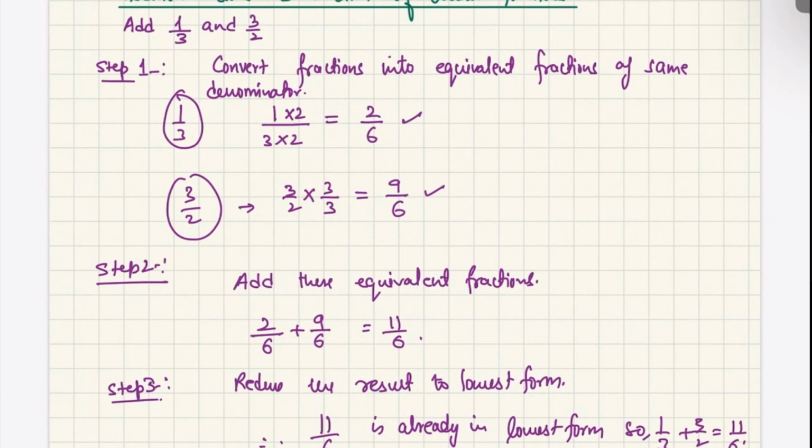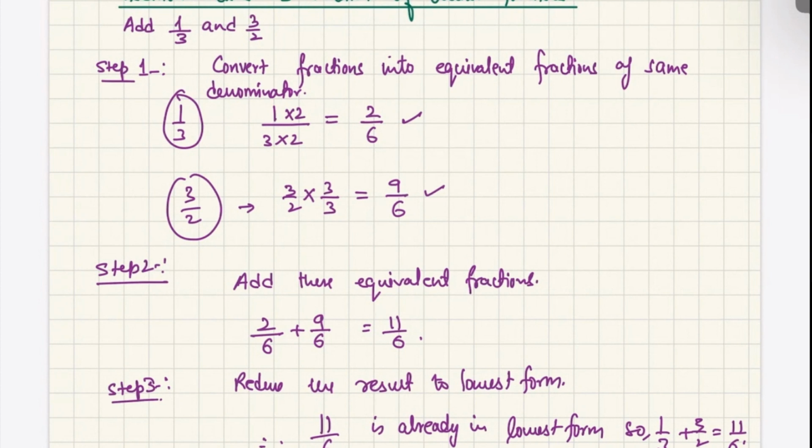After doing this, step number 2 would be add these equivalent fractions. So add 2 by 6 and 9 by 6. This becomes 11 by 6. Step number 3 is reduce the resultant fraction into its lowest form. Now 11 by 6 is already in the lowest form. Hence, this would be the answer.